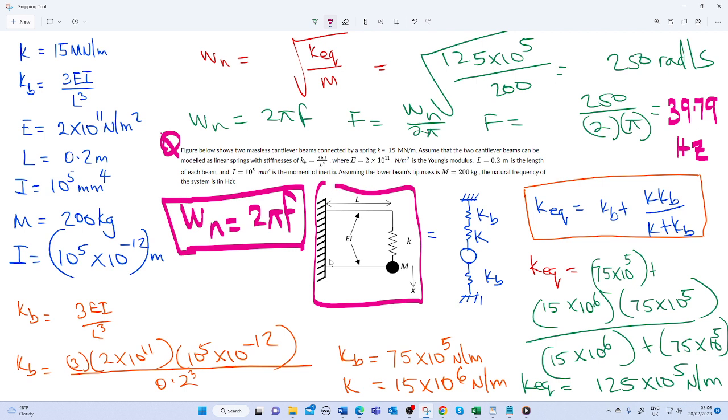We're given that the stiffness of the beam of this particular area is connected in series to this. So how do we calculate the equivalent stiffness when the other part of the beam here is connected in parallel to the equivalent of this particular one?